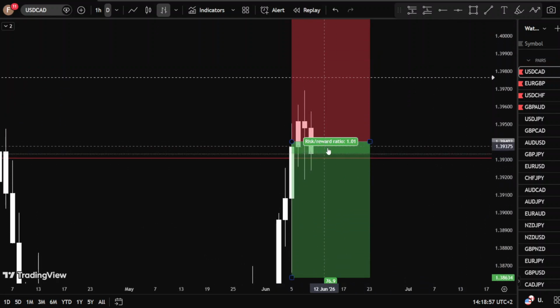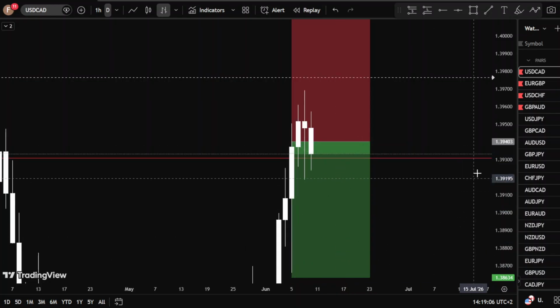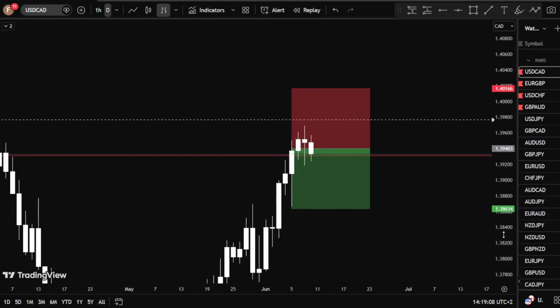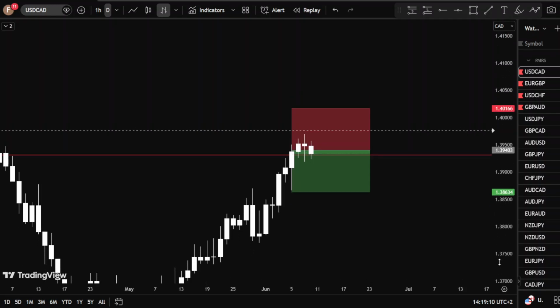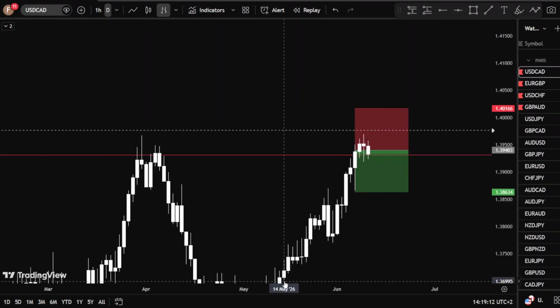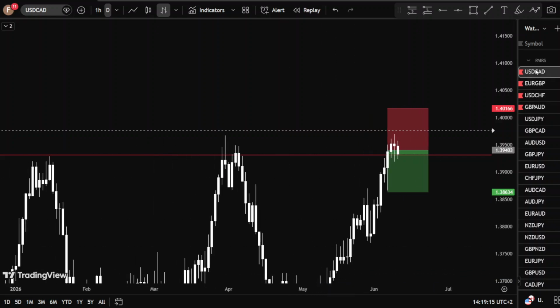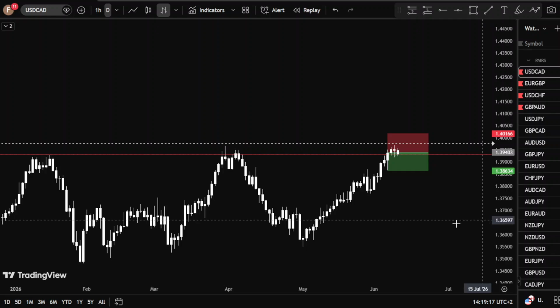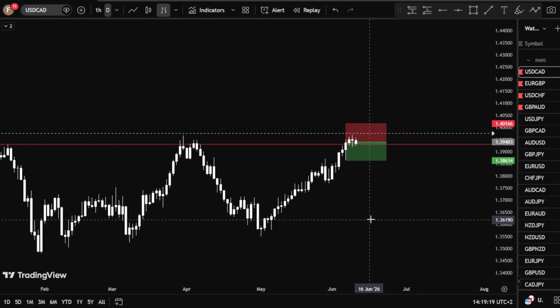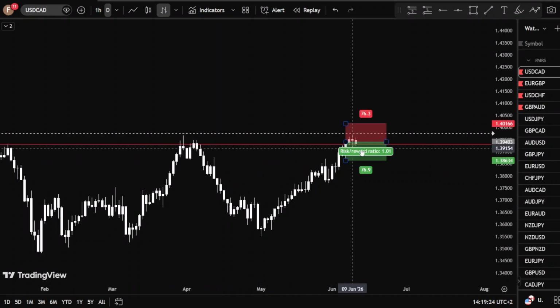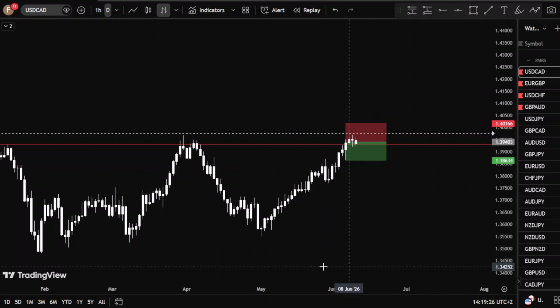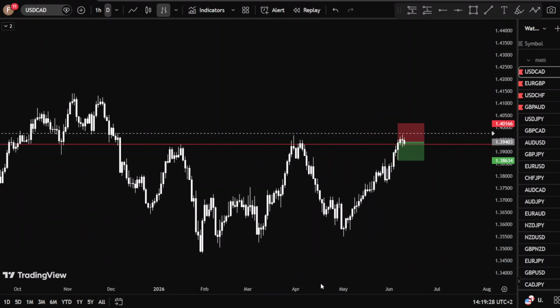So I'm a little bit in profit now, and what likely will happen is that it goes down and maybe creates a few more candles like this and continues to go down. If it doesn't go down, that's okay as well, because all trading is having probabilities. It's a higher probability that this trade will go down than it will go up.